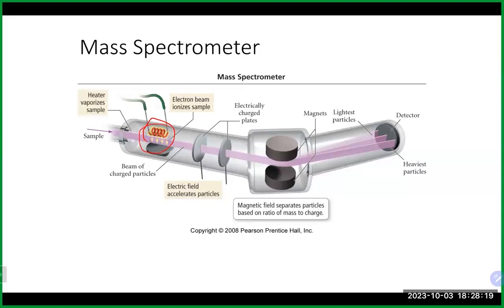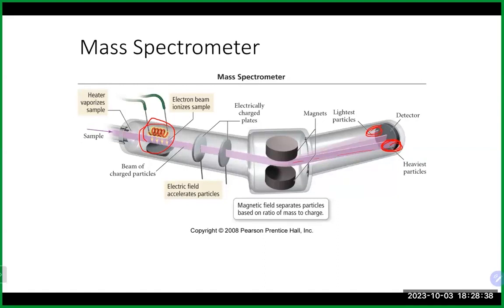And as they come through here, they go through the magnet. And again, on the graph, our heaviest ones end up to the right here on the detector, and our light ones go there to the left. And again, that will separate them out by the mass. And the relative peaks that you see on the graph will give you the percentages that occur.